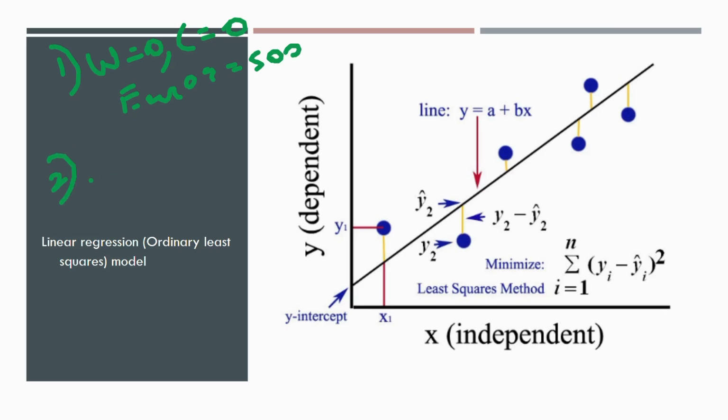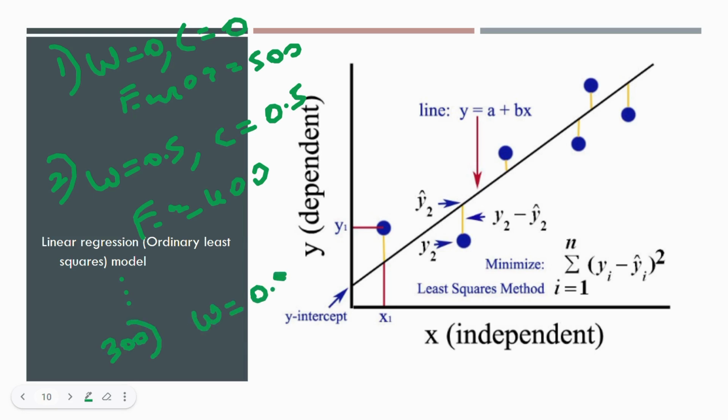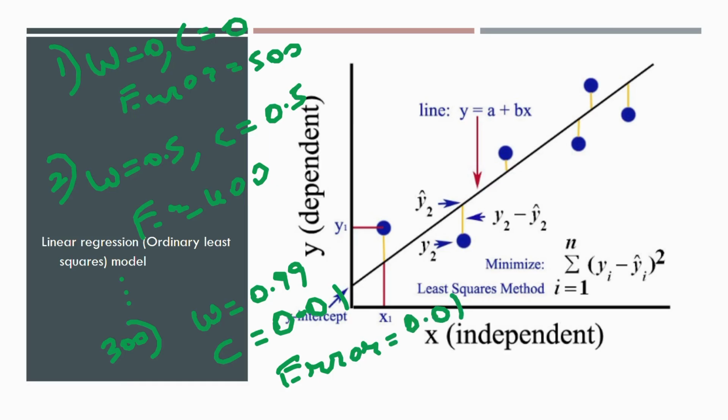In the next iteration, W will become 0.5, C will become 0.5, the error will become 400, and this continues. Maybe after 300 iterations, W will become 0.99 and C will become 0.01, and the error will become maybe 0.01. So either we have exhausted the iterations, or we have said that we can tolerate an error of 0.01, so stop.